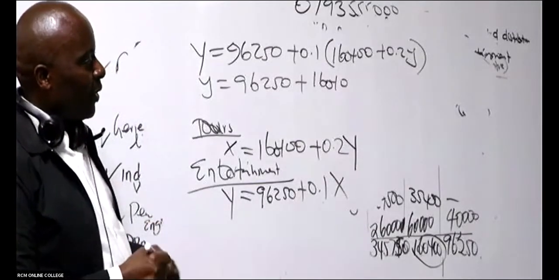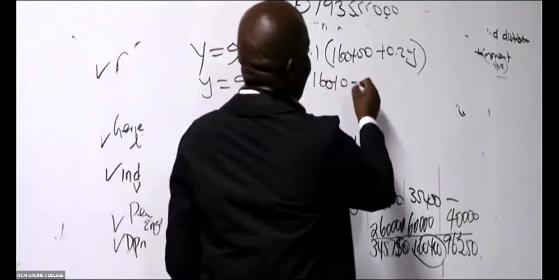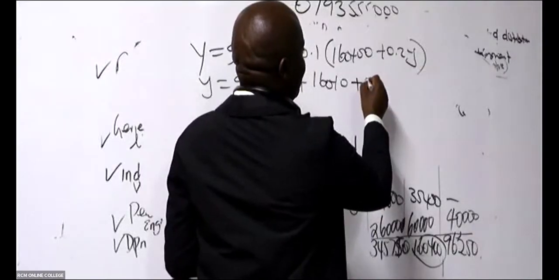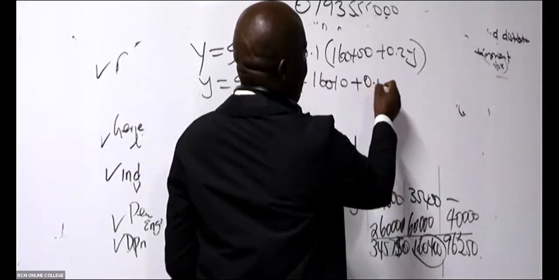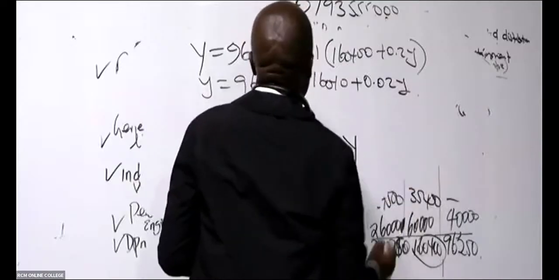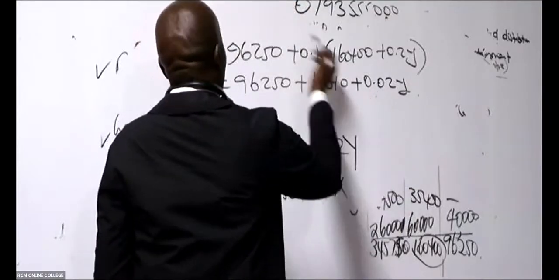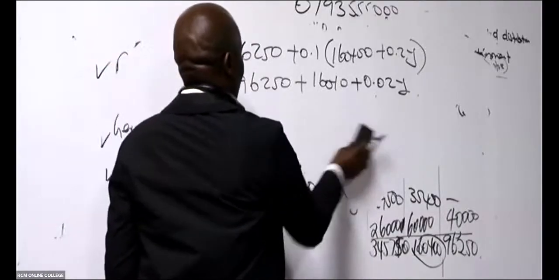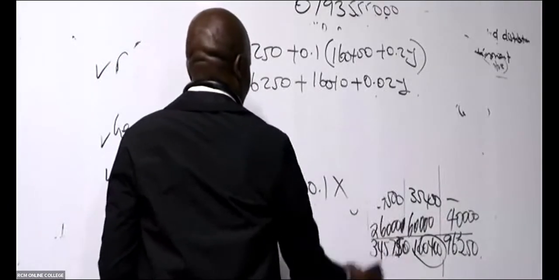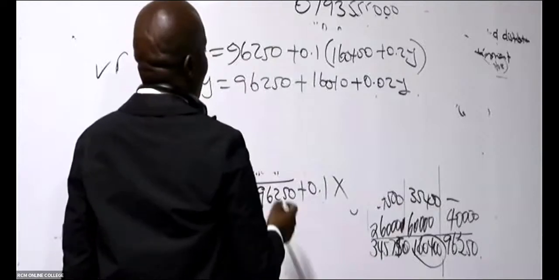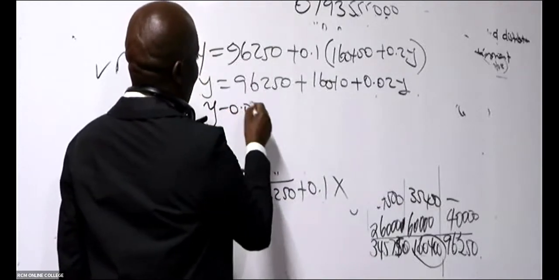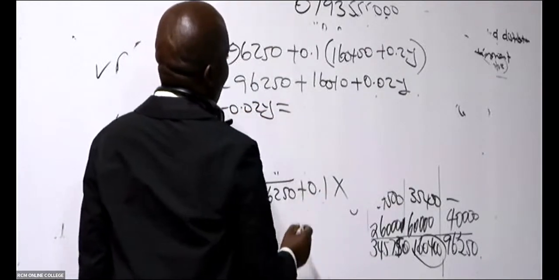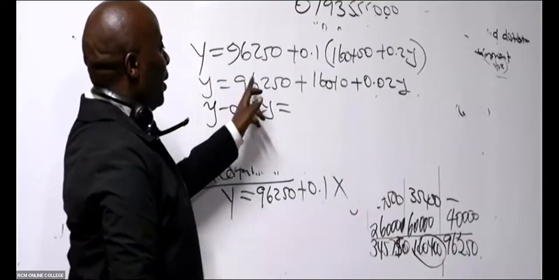16,040, right? Plus what here, somebody? Plus 0.02Y. So take this to the other side. It will be Y minus 0.02Y equals... is there somebody who can add this plus this?